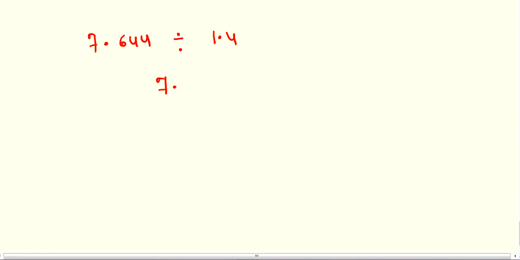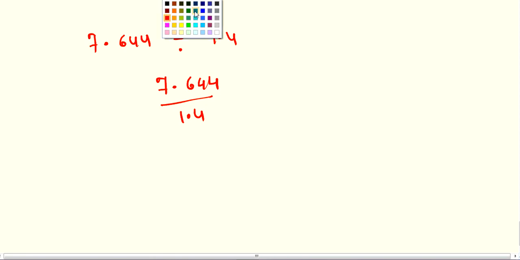So first write as 7.644 divide by 1.4. As I told you now that you should have a whole number in denominator, means you have to remove decimal from denominator. So in this question you are having 1.4, clear, and after decimal you are having only one place.